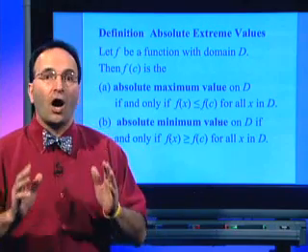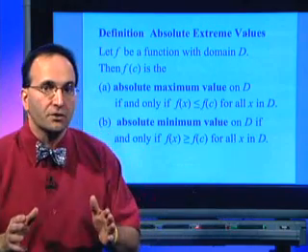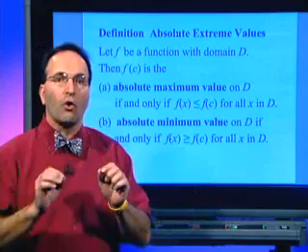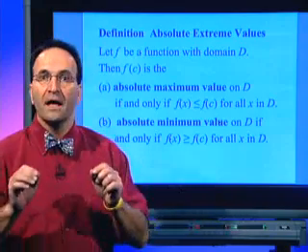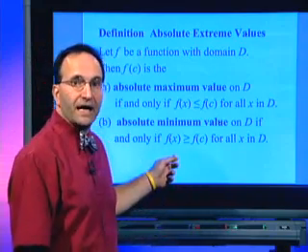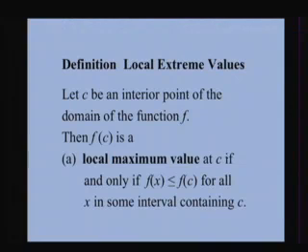There are also extreme values we call local or relative extrema. Let's take a look at their definition. Local extreme values. Let c be an interior point of the domain of the function f.